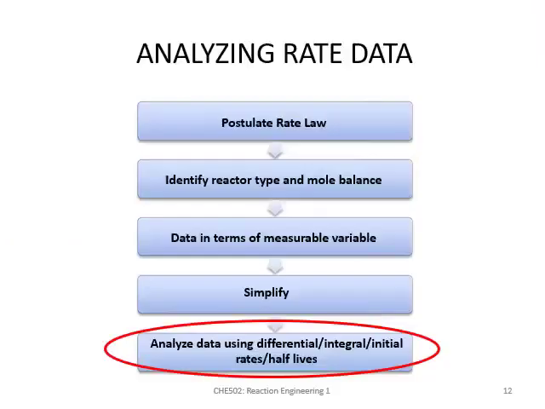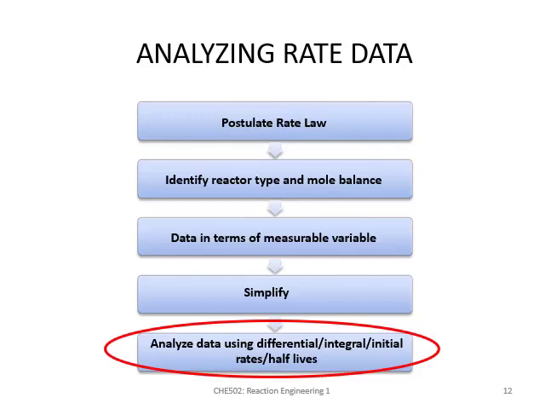Okay, this is the algorithm. If you read Fogler, they always mention according to the algorithm listed or illustrated by figure 1, for example. So this algorithm is actually the steps: how to analyze rate data for a batch reactor.